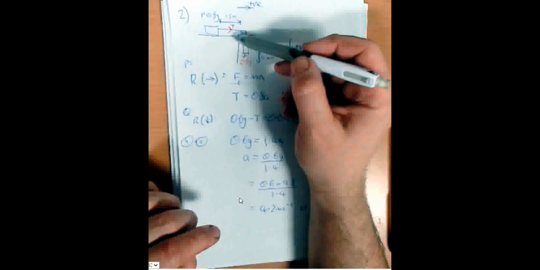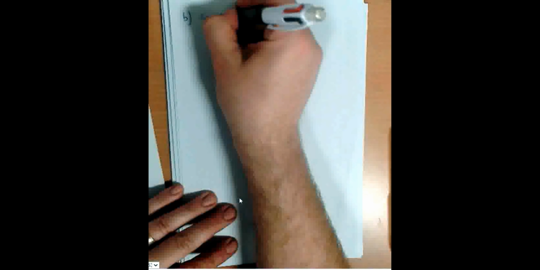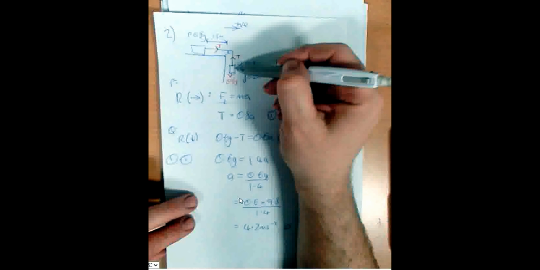So we need to do 2 SUVAT equations because acceleration changes, and remember the SUVAT equations are called equations of constant acceleration. So consider particle P. Remember that's the one on the table. And I'm going to consider it before Q hits the floor and after Q hits the floor.